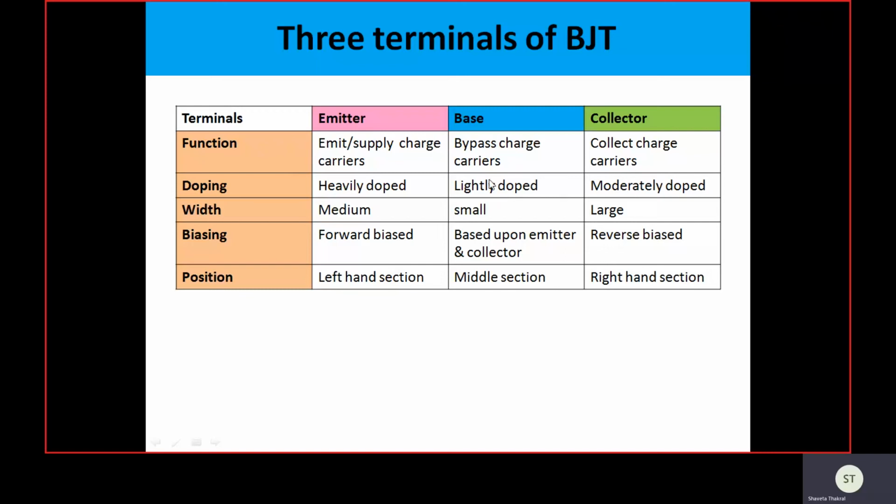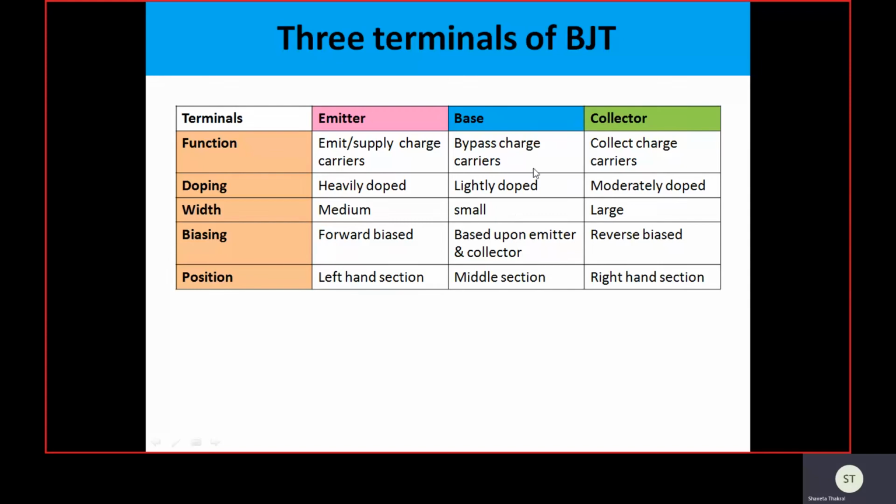If the doping of the base is heavy, more charge carriers will recombine in the base and a smaller number of charge carriers will reach the collector. But the main aim of a bipolar junction transistor is to amplify signal, and for amplification most of the charge carriers supplied by the emitter should reach the collector.